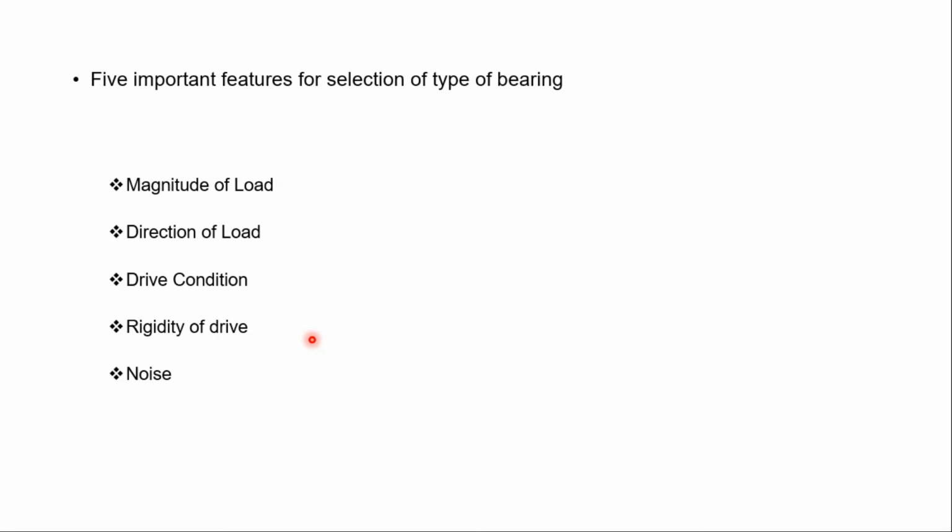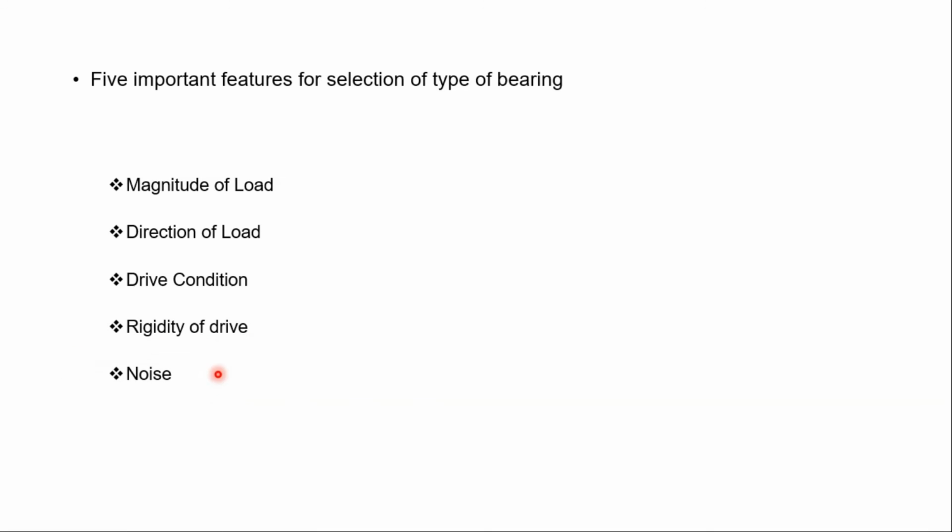For example, if I want to develop a machine in which high precision and high tolerance is required, then at that time we have to use rigid drive. So roller bearings provide the rigid drive.